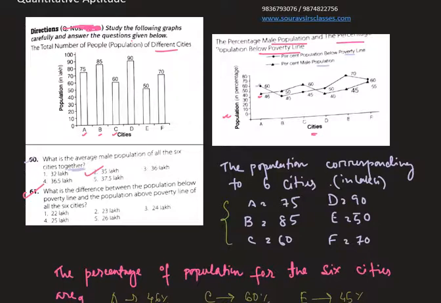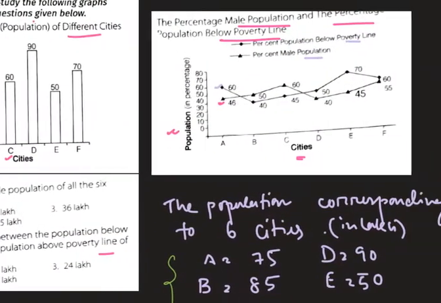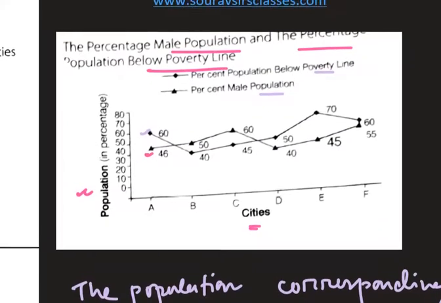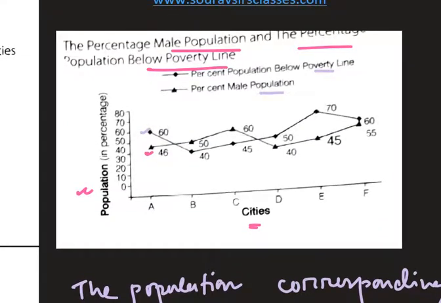What is the difference between the population below poverty line and population above poverty line? In the second graph, we are given the percentage of population below poverty line. This graph shows the percentage population below poverty line.